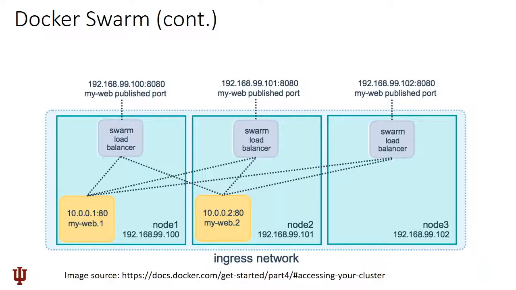What I can do is have instantiations of this web service. When I put up a new container, it puts it into node 1. Then I put up another one, it puts it into node 2, and another one in node 3. All of them are collaborating with each other, and I can make sure that my load balancer is using whatever strategy I need to be using.